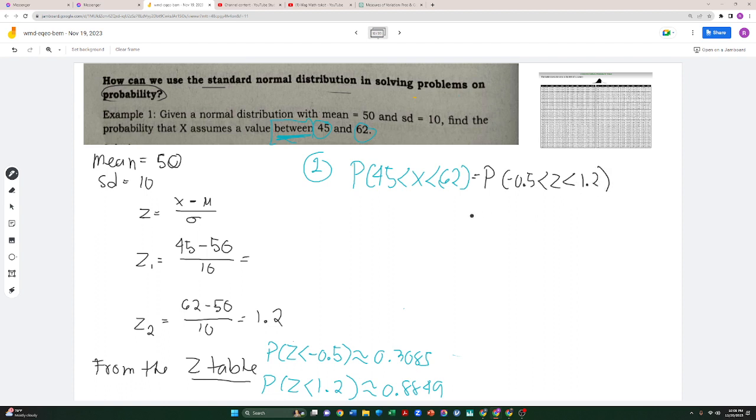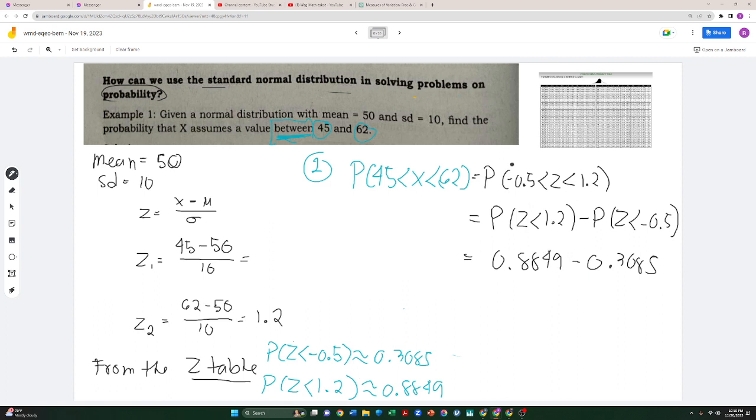Okay, so equal to P(Z less than 1.2) minus P(Z less than negative 0.5), which is equivalent to 0.8849 minus 0.3085, which you get from the table.